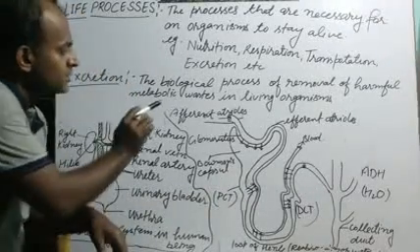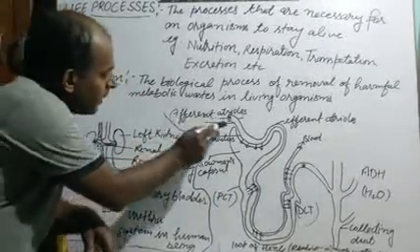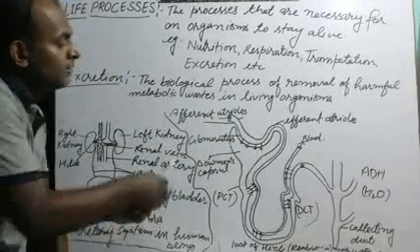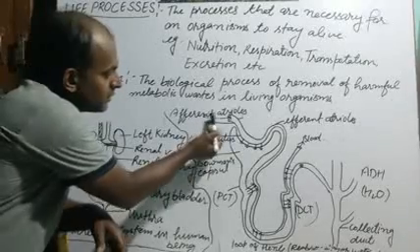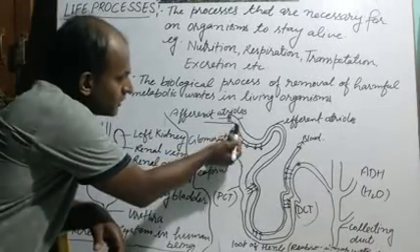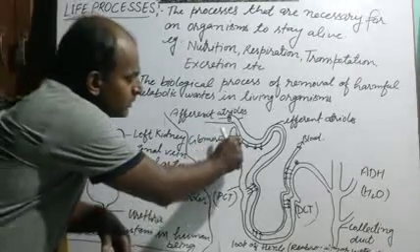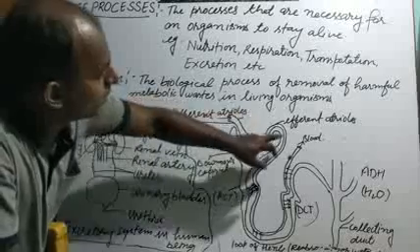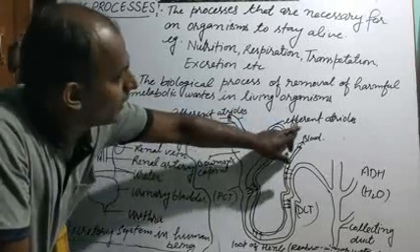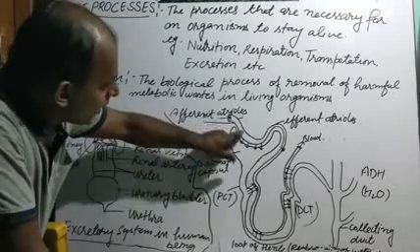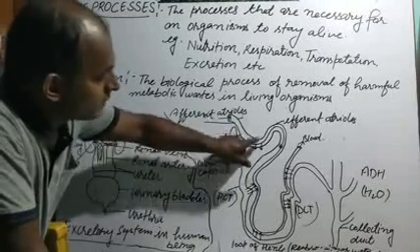What happens, students, when the blood passes through this portion? This is the afferent arteriole portion, from where the blood starts to pass. When blood passes from the afferent arteriole, the efferent region is slightly thinner, due to which more pressure arises in these regions.